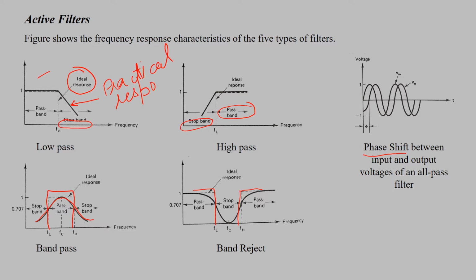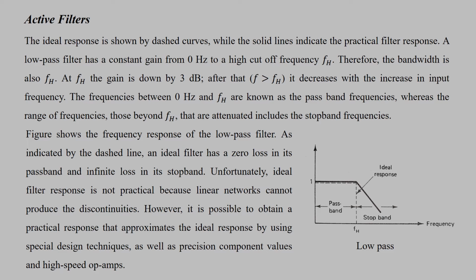Basically, we cannot achieve the ideal with any components, so that is why we are talking of practical filters. The ideal response is shown by the dashed line and the solid line shows the practical response.